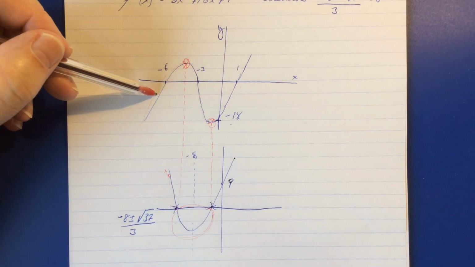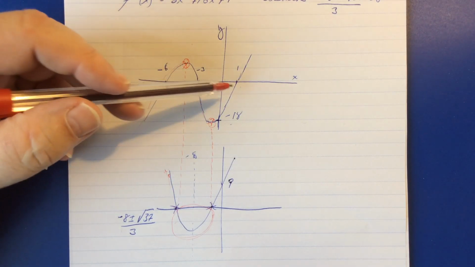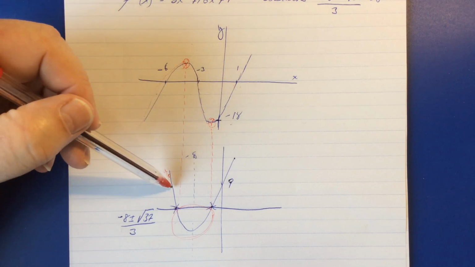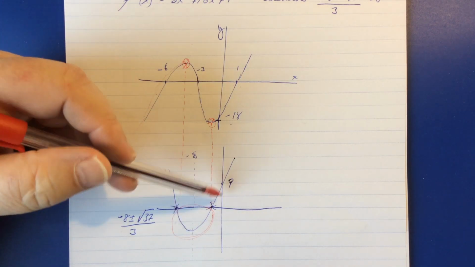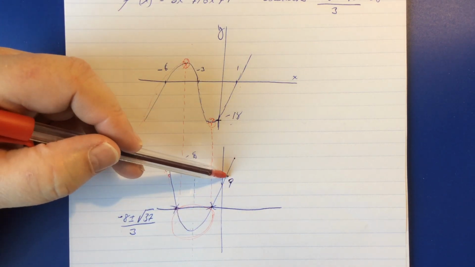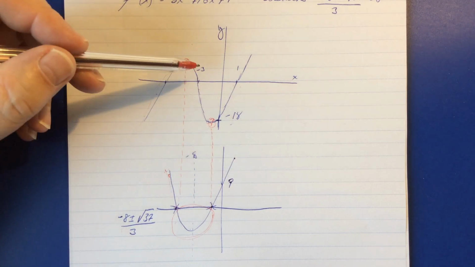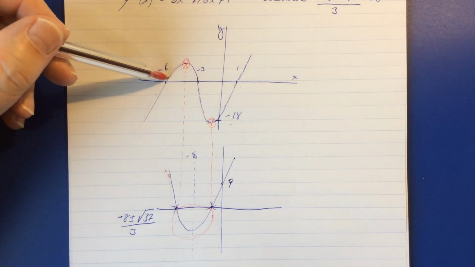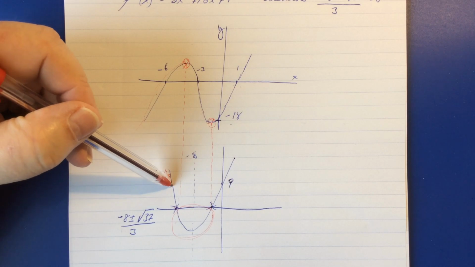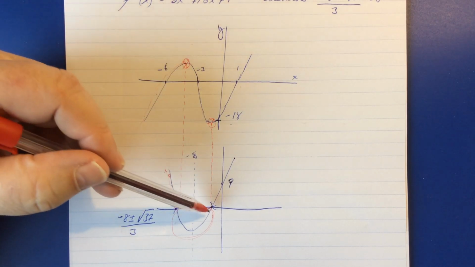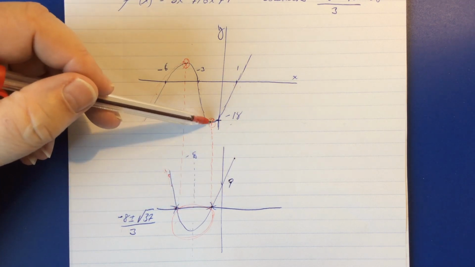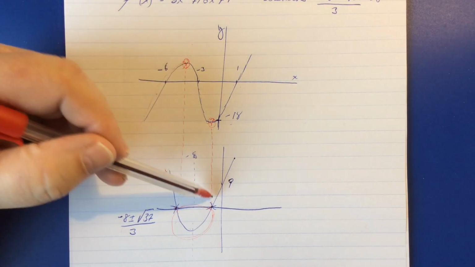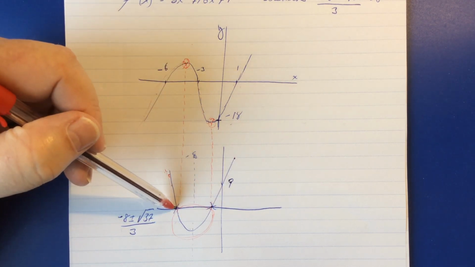So it's positive here, negative here, positive here. But this is the graph of the gradient value. And at this point and this point, we have a gradient of 0 reflected in a y value of 0.